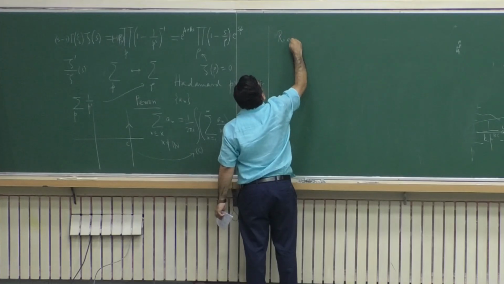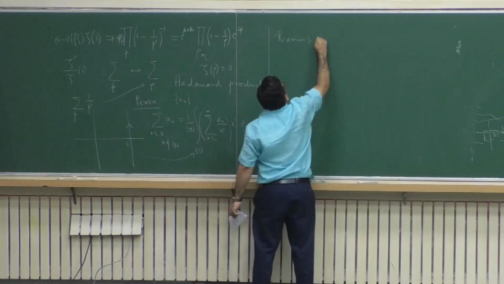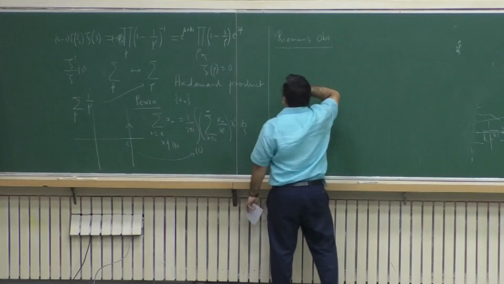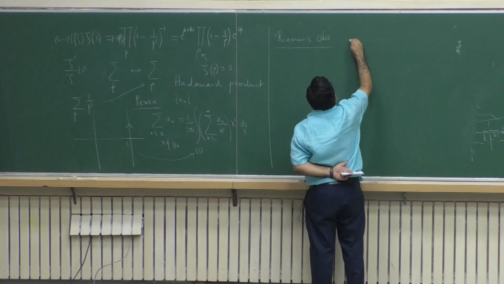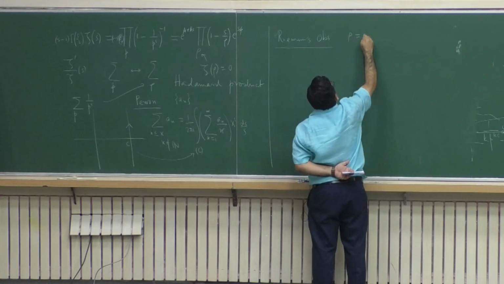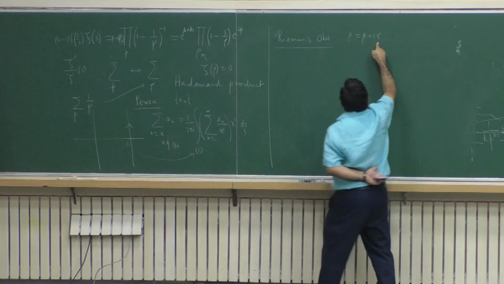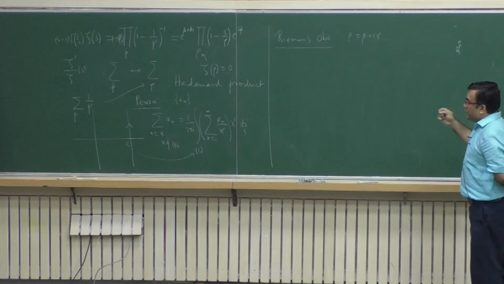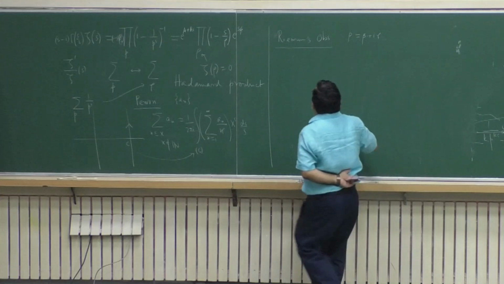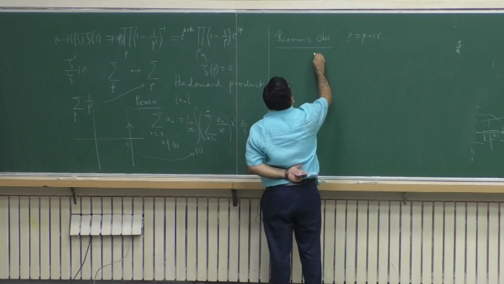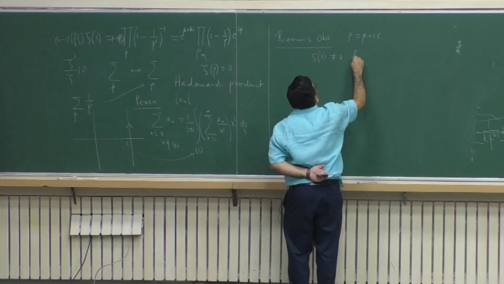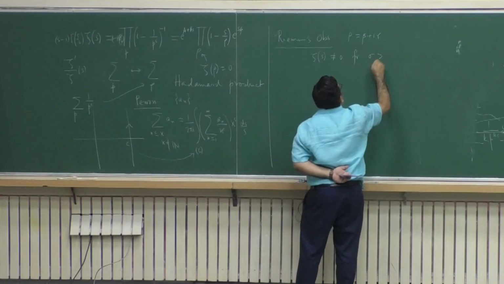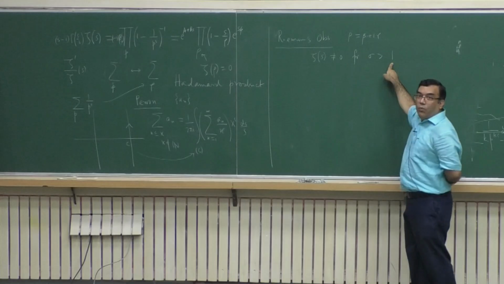So that was Riemann's observation, and he concluded from that that if you can prove that zeta(s) is not equal to 0 for sigma on the line sigma equal to 1, we know that it's not equal to 0 for sigma greater than 1.